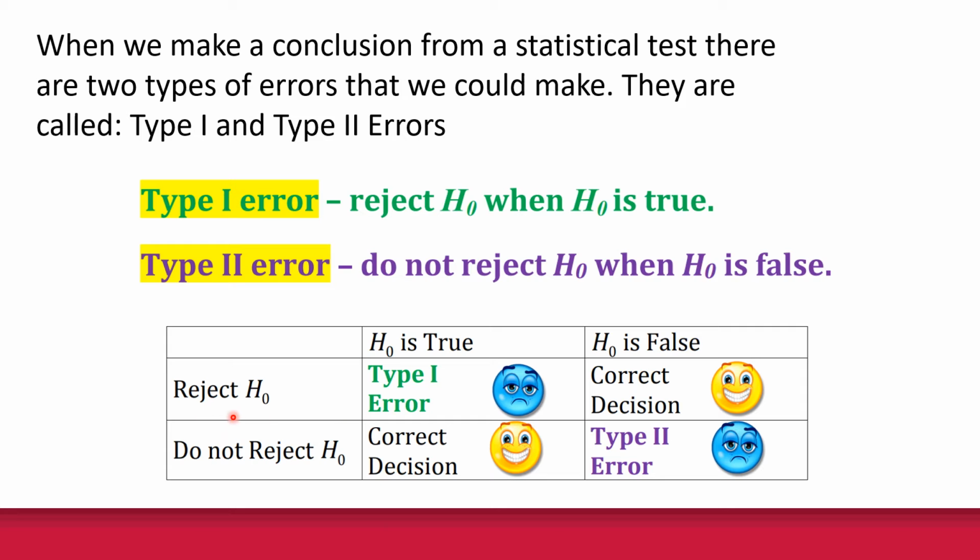For example, if we reject H0 and H0 is true, well, that's a type 1 error. If you reject H0 and H0 turns out to be false, well then that's a good job. That's actually the correct decision. So what if we do not reject H0 and H0 is true? Well then that's the correct decision. But if you do not reject H0 and H0 turns out to actually be false, well then that's what's known as a type 2 error.